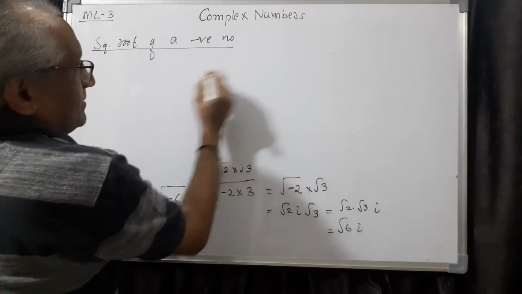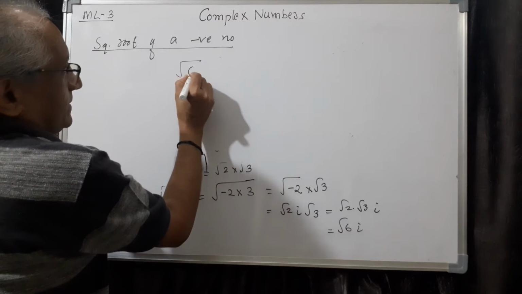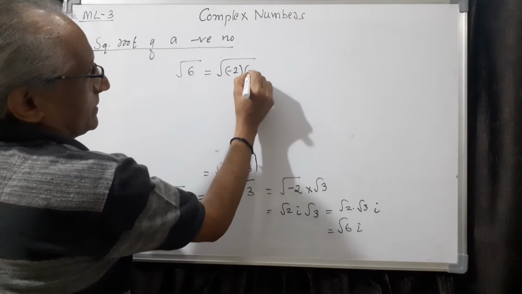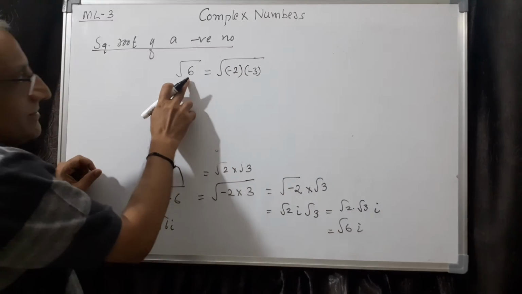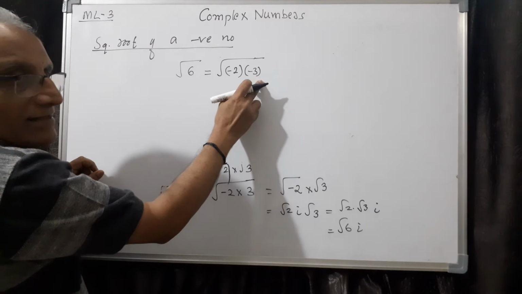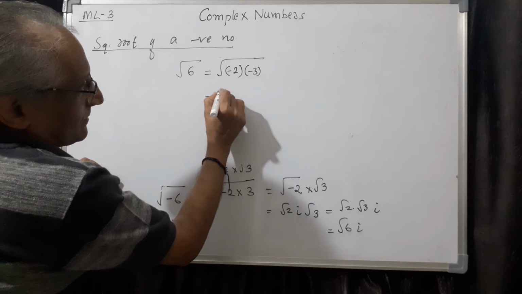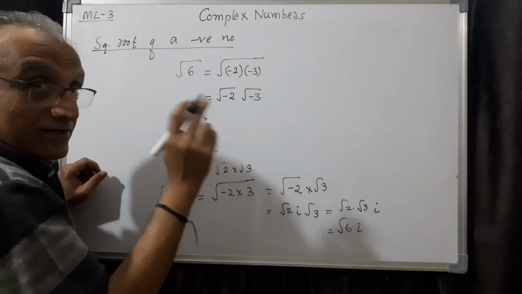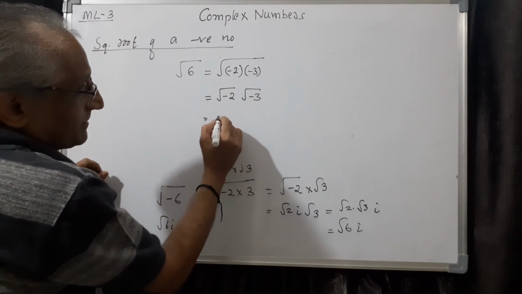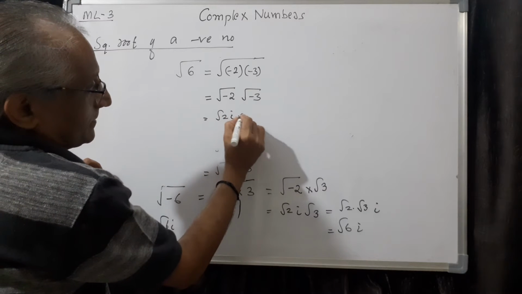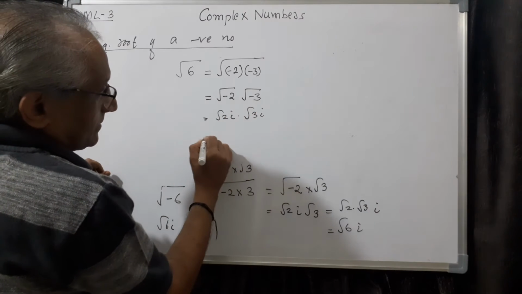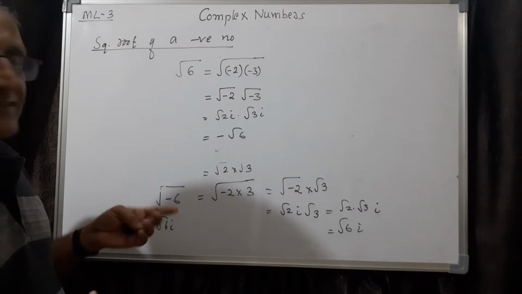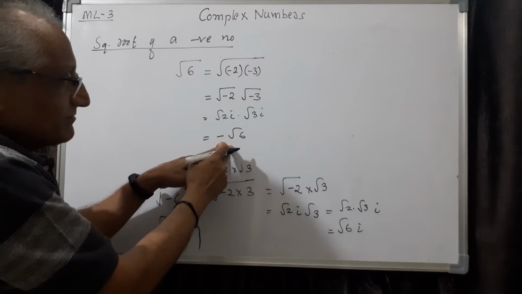Let me take for example root of minus 6 as, this is also correct, minus 2 into minus 3. Because 6 can be minus 2 into minus 3 also. Now if you split this one, root of minus 2, root of minus 3. Now as per our earlier condition, this is root 2i. This is root 3i. So this you get minus root 6. That is meaningless, because root 6i here, whereas here it is minus root 6.